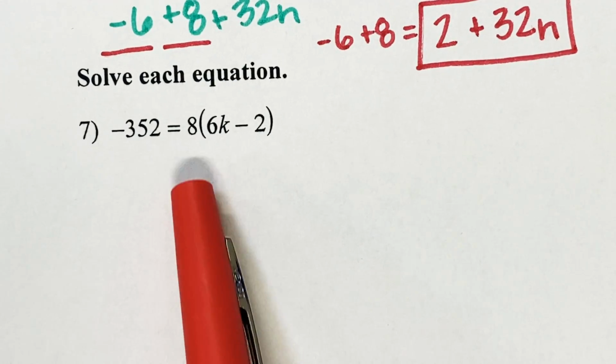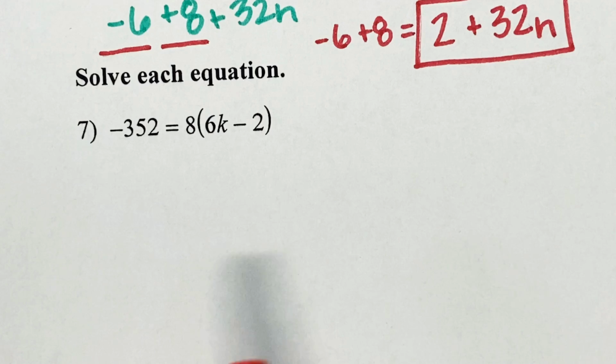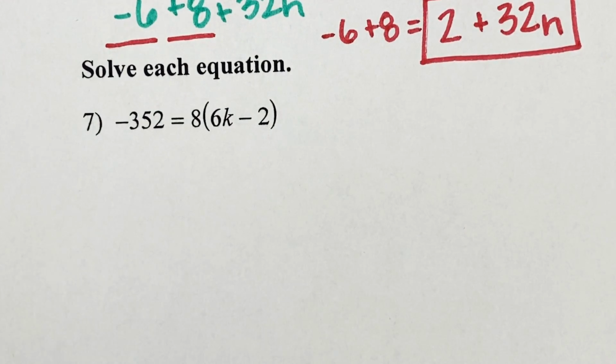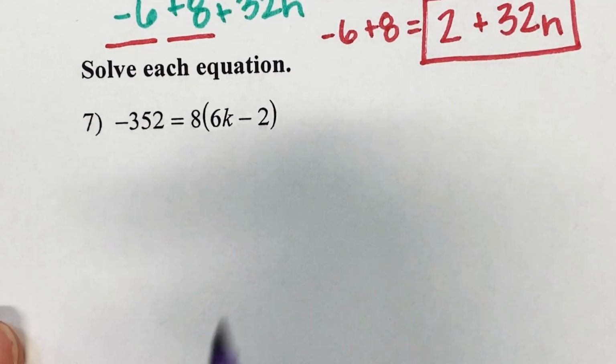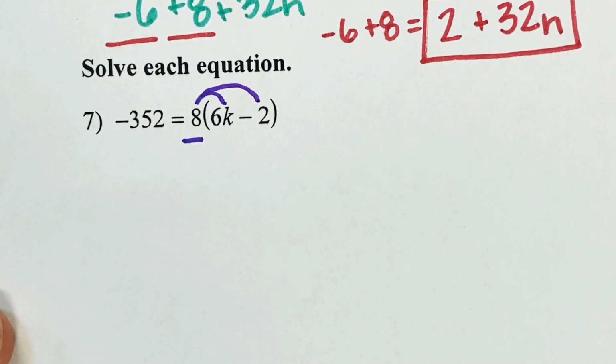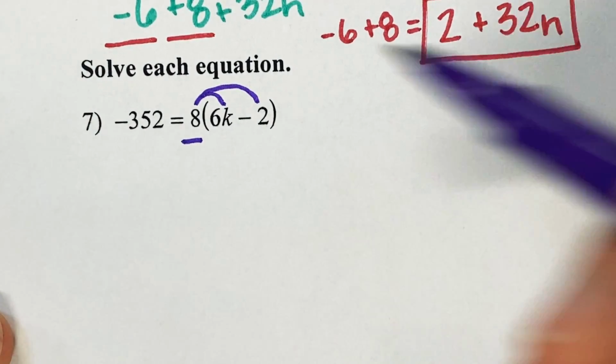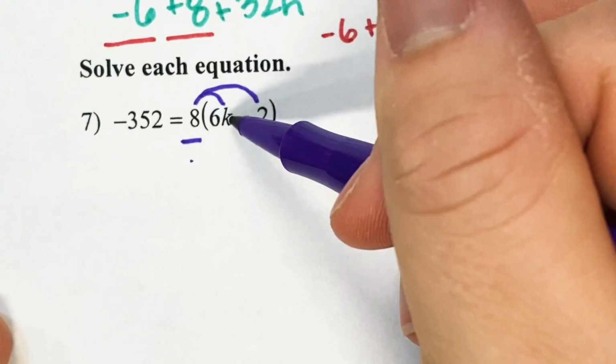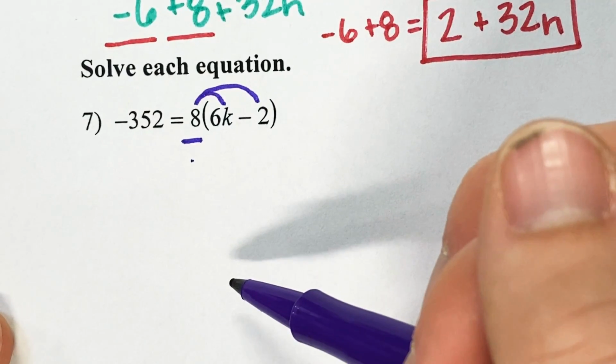Okay, so find your parentheses. And then what is the number that is right in front of our parentheses that needs to distribute in? Okay, it's going to be this 8. So 8 is going to multiply to both of those guys. So we get 8 times 6k. What is 8 times 6?